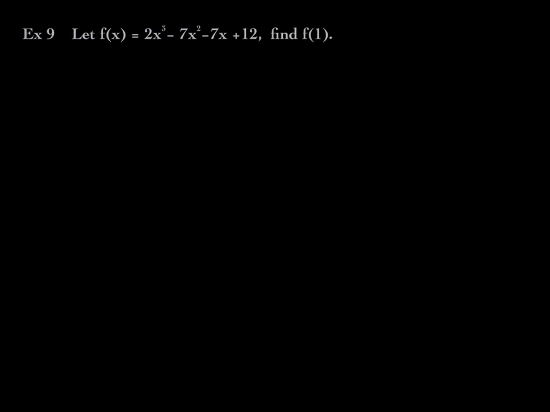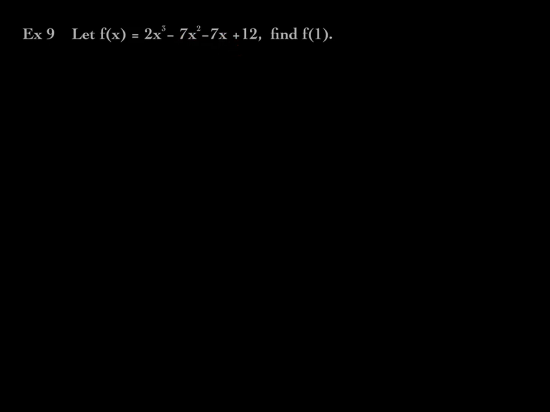Check this out. They want us to evaluate this polynomial function at 1. Now the remainder theorem says that this evaluation, f of 1, will be the same thing as the remainder when you divide. So let's do that. Let's see, degree 3, degree 2, degree 1, degree 0. Okay, so we have everything accounted for.